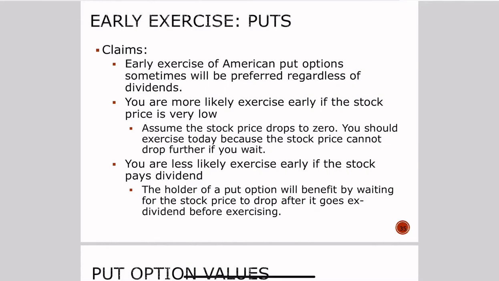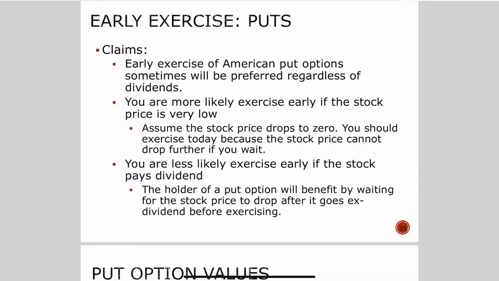Sure, you will prefer $10 today, right? So that's the reason why you want to exercise early, because you want to get your payoff today. You don't want to wait. You're impatient. The third result is you're less likely to exercise early if there is dividend.